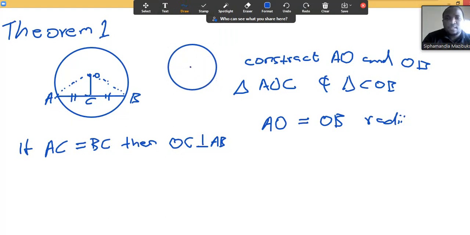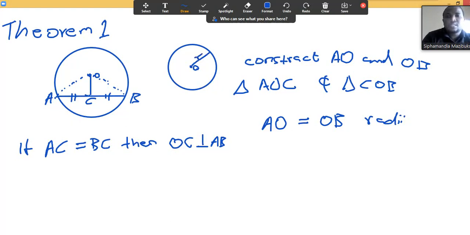If this is our center, point O, a radius is the line that joins the center with the circle, or the circumference. So this is R, this is the radius.